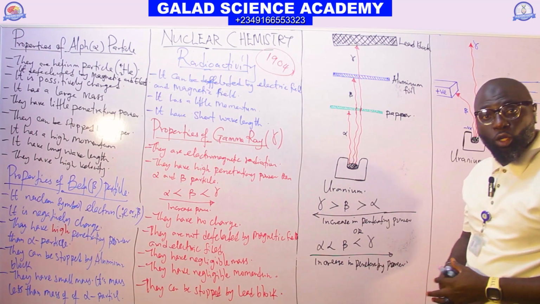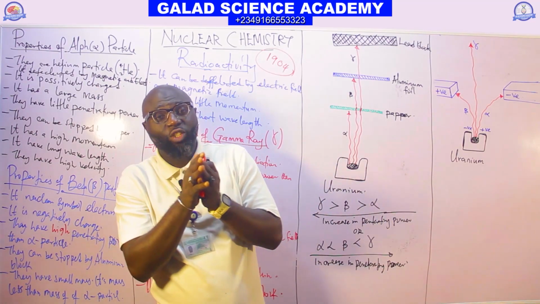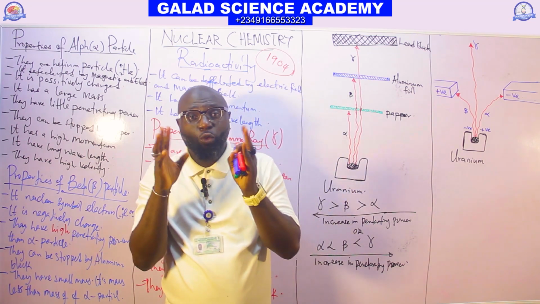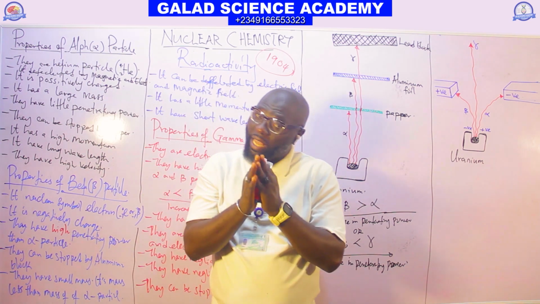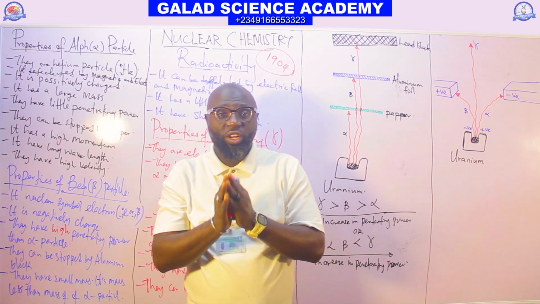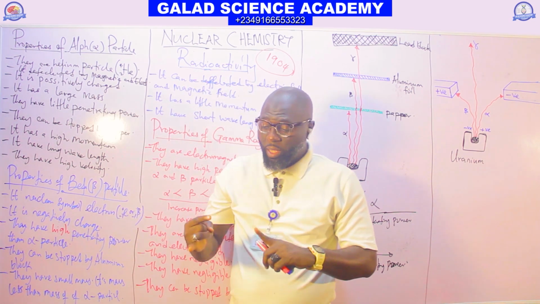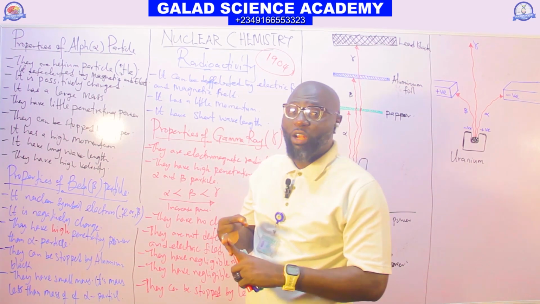So how are we going to detect the presence of radiation? We have like 3 to 4 or 5 devices that we can use to detect the presence of radioactive radiation. We have the Geiger tube, semiconductor plates, and diffusion cloud chambers.